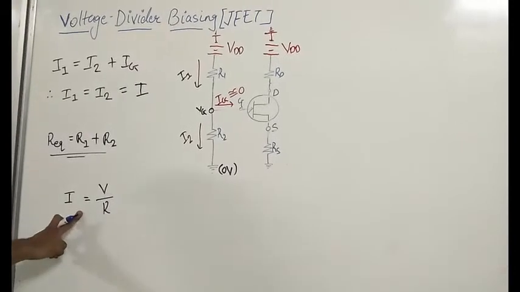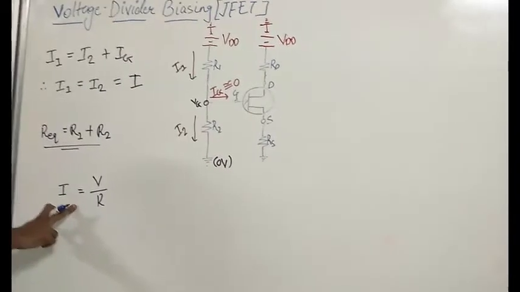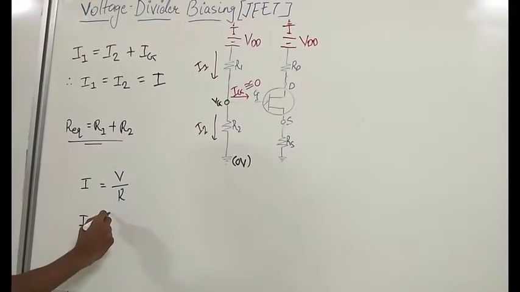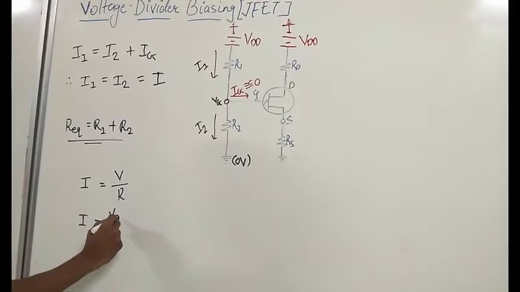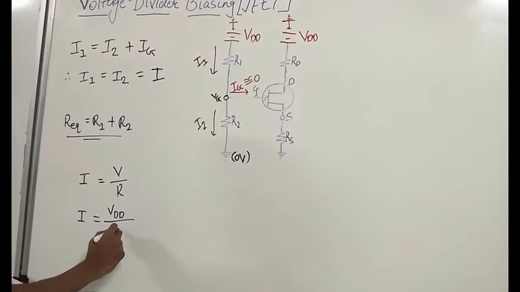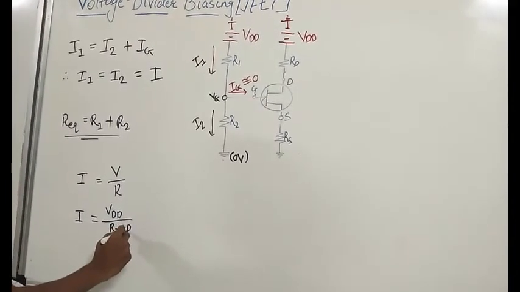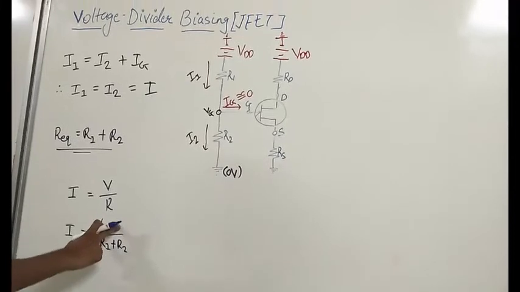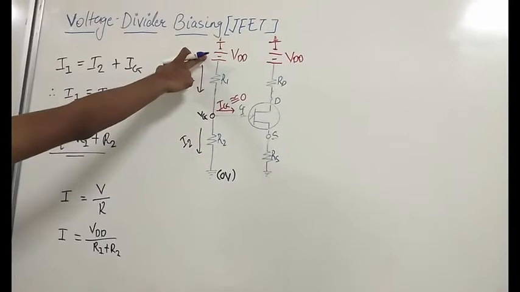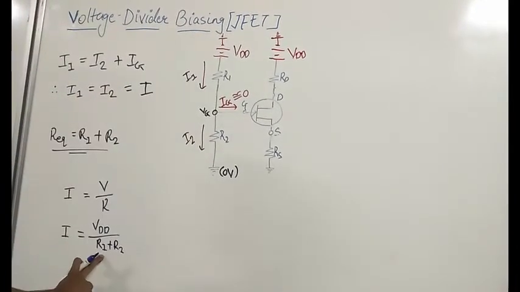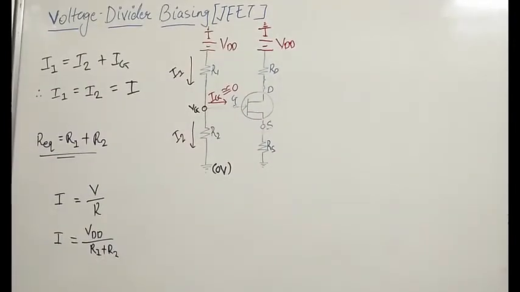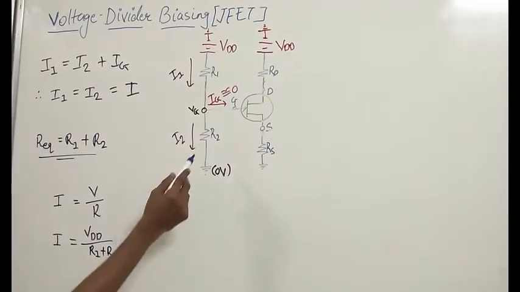So by this we can write that I is equal to VDD upon R1 plus R2. This is the total voltage drop between the ground and this VDD battery, and this is the equivalent resistance we have found here. So now we need to find out the voltage across R2.